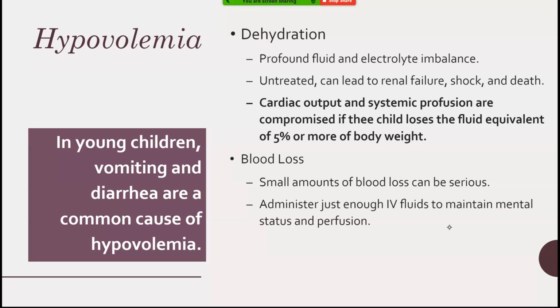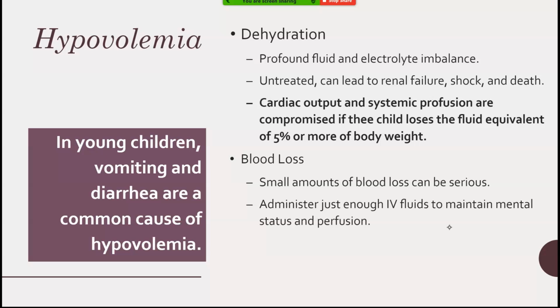What else? 5% loss of body weight. Again, you're not necessarily going to be measuring that. You're probably going to be listening to mom, dad, or caregiver in terms of how many diapers were used, or how much vomiting was occurring, etc.